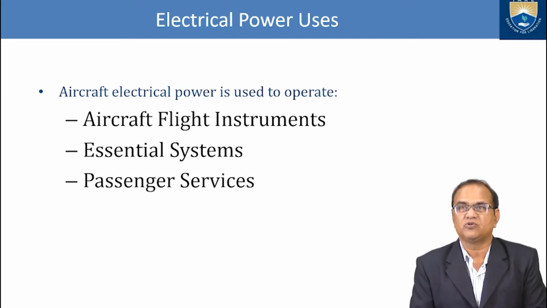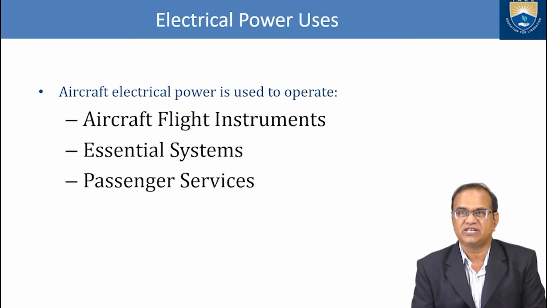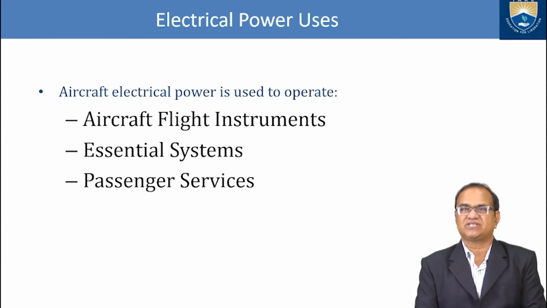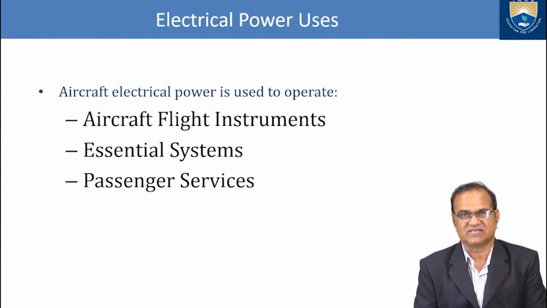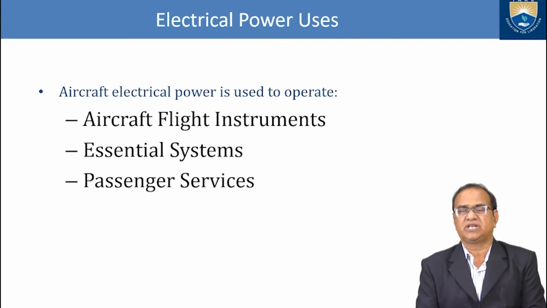Now, electrical power uses. Where we have to use the electrical power. Aircraft electrical power is used to operate aircraft flight instruments, essential systems and passenger services. We can divide these uses of the power into 3 groups. One is the aircraft flight instruments.